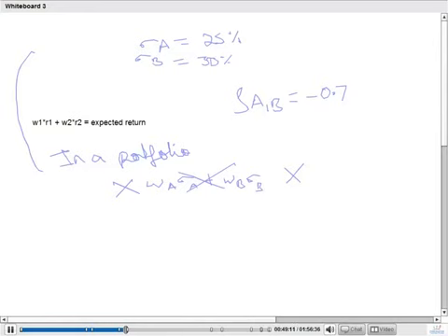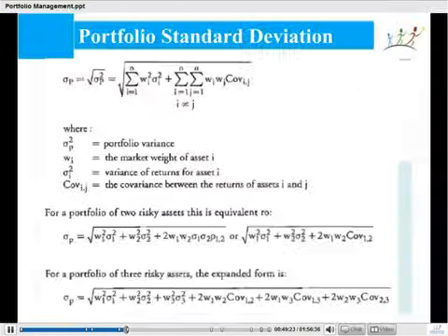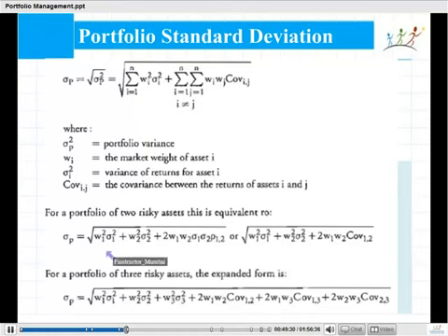To compute the risk of a portfolio, we need to take the covariance or correlation between the assets into account. So the risk of a portfolio for a two-asset portfolio can be computed as W1 square sigma 1 square plus W2 square sigma 2 square plus 2 W1 W2 covariance of 1, 2.